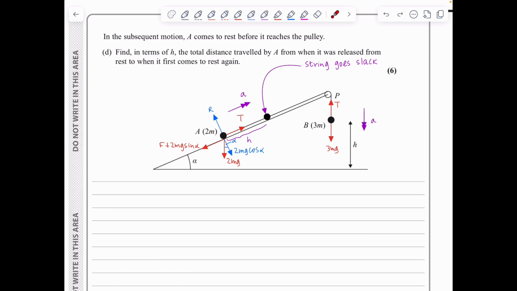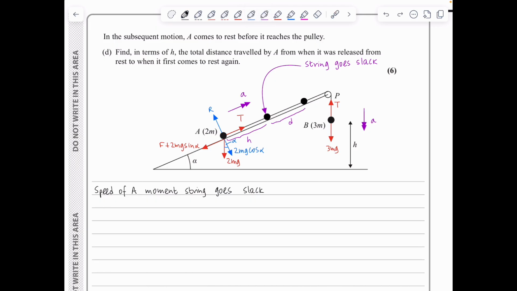It has covered the distance of h up to this moment because this is the moment that B hits the ground here, and then we've got the string going slack and A ascends a further distance of d. It comes momentarily at rest at this point here, and we need essentially to find the sum of h and d. So I will start by finding the speed of A the moment the string goes slack.